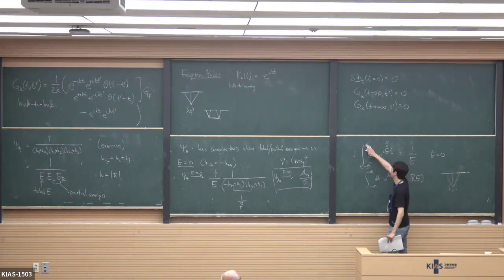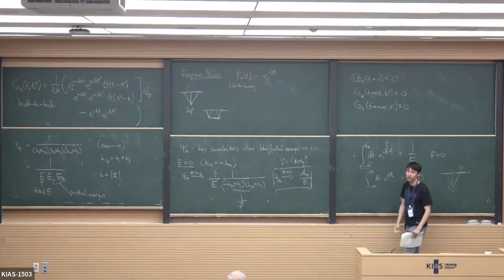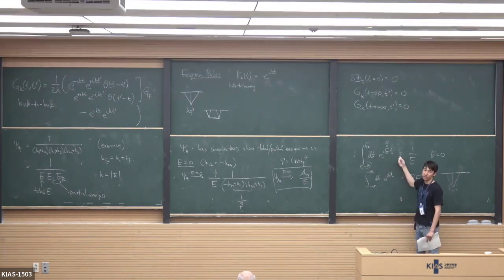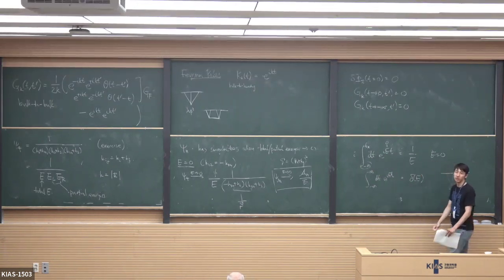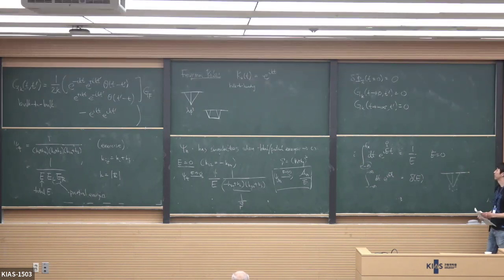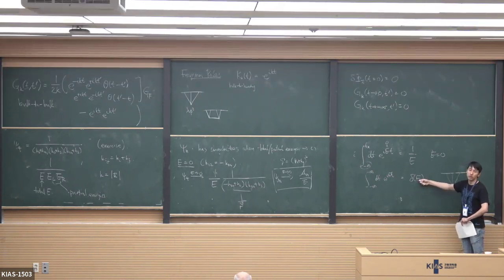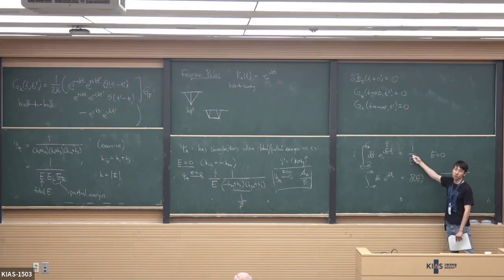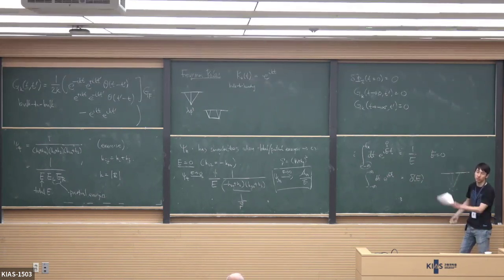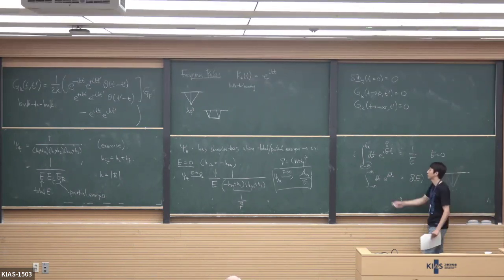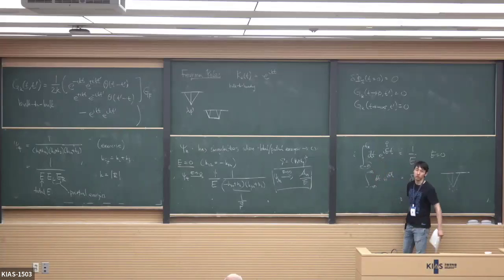So I think the fact that we are cutting off the integral here and then doing the integral first and then taking the limit is actually important. But you do get a singularity because this delta function, if you try to evaluate it at E equals 0, is also singular. You get the same sort of singularity when you evaluate it at E equals 0, but it's just a different type of singularity because you're doing the integral in a different order. Yeah.